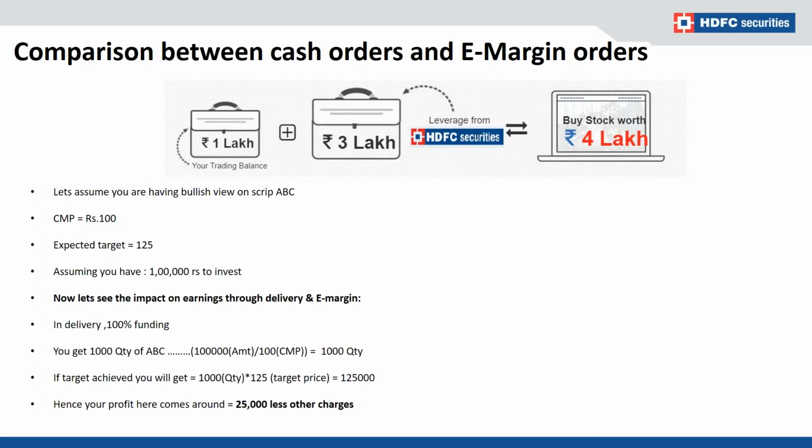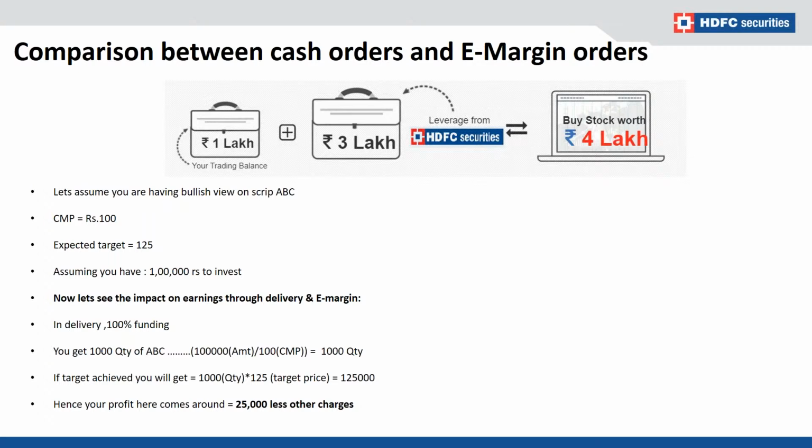If a customer is buying 1 lakh rupees of stocks at a current price of 100 rupees, he would be able to buy 1000 shares. So 1000 shares into 100 rupees, that is 1 lakh rupees invested in stock called ABC. A simple cash market transaction. If the expected target is 125 and it reaches 125, the total amount of the stocks would be 1,25,000.